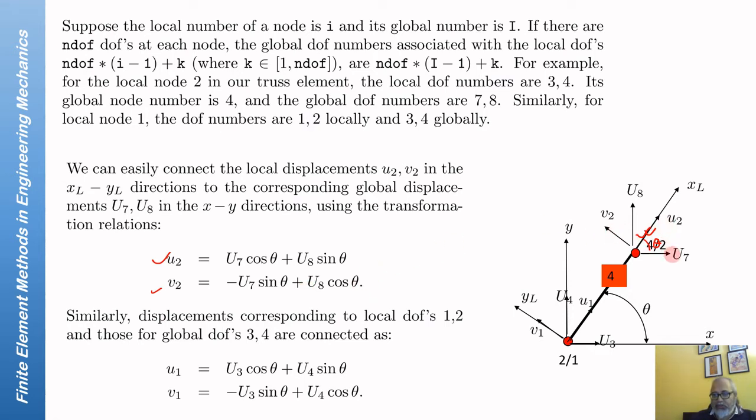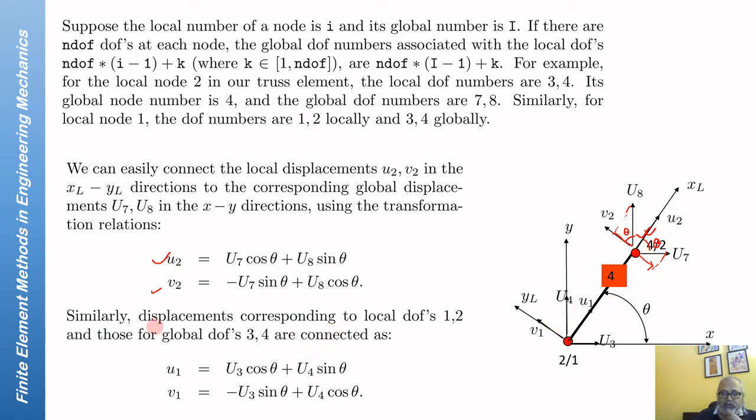So capital U2 is U7 cos theta plus U8 sin theta, and V2 is minus U7 sin theta plus U8 cos theta. So minus U7 sin theta is this way, and U8 cos theta is this, and this angle is theta.